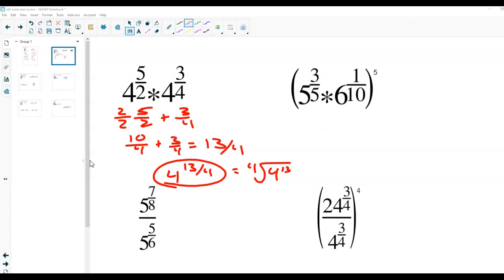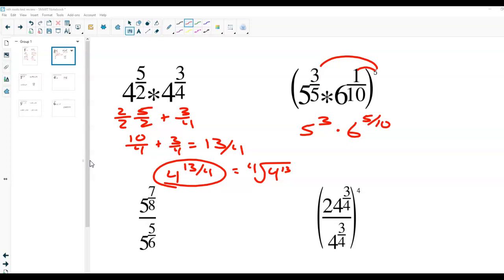Now, the second one. Nothing I can do with the bases here to make them similar right now. Okay? But what I can do is I can distribute the exponent. 3/5 times 5 is 3, so I get 5 cubed. 6 to the 5/10, okay?